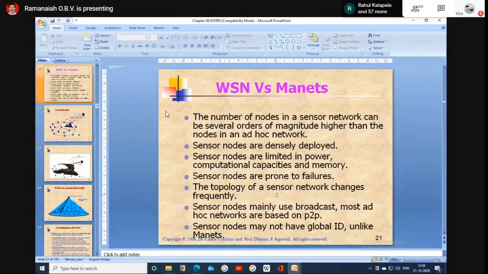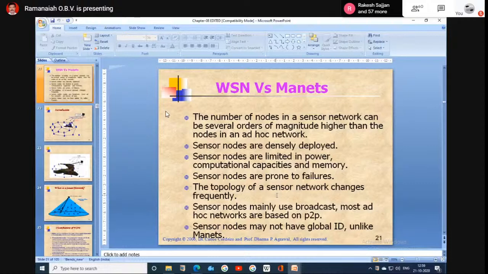They may get disconnected. So sensor nodes are prone to failures, whereas mobile hosts are prone to disconnections. The topology of a sensor network changes frequently because of these failures, and because of mobility the topology of a MANET changes dynamically.